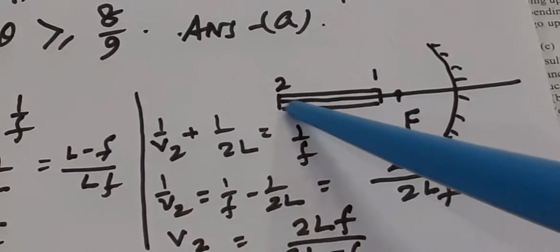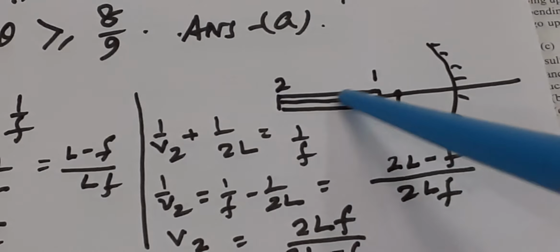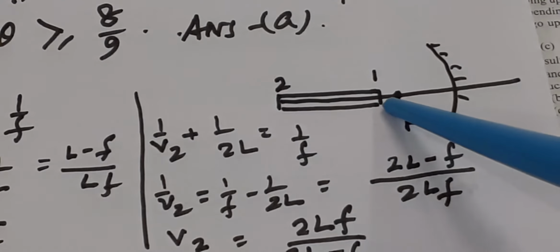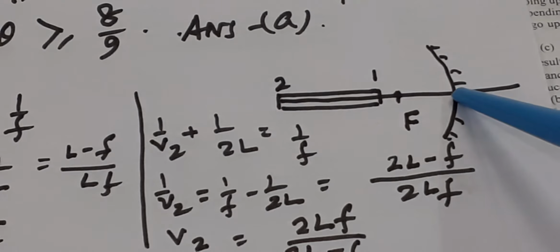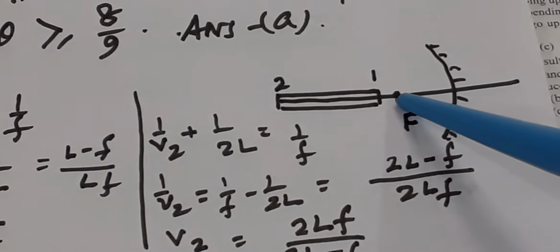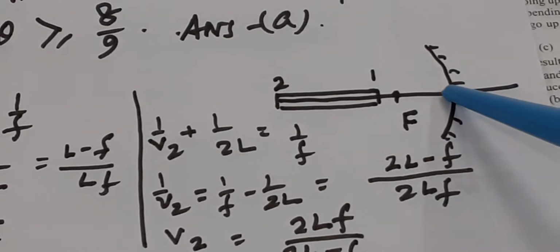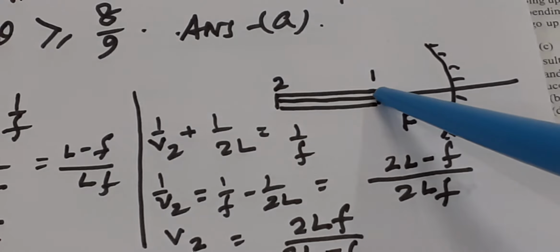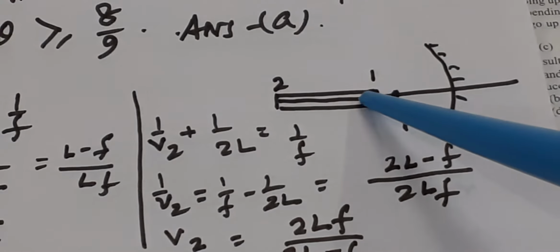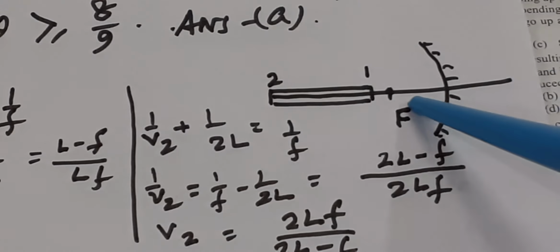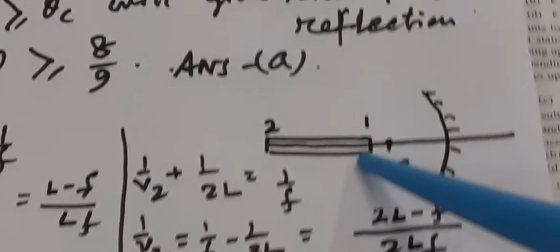Sorry, this length is L; the length of the object is L. Now you have placed it away from the focus, somewhere here, and this distance is L, which is greater than F. That is the meaning of this question.